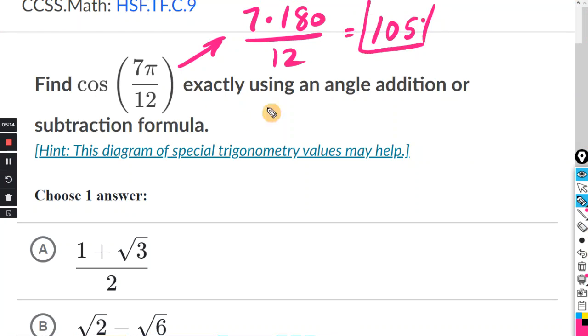All right, so we basically have the cosine of 105 degrees. And we want to see if we can find an angle addition or subtraction formula. We don't have 105 on our unit circle, but we want to find numbers that are on the unit circle that add or subtract to 105.